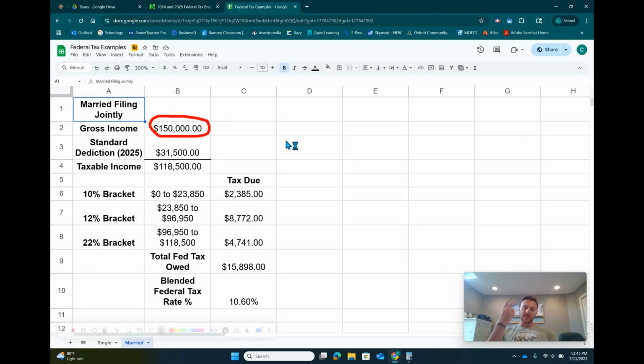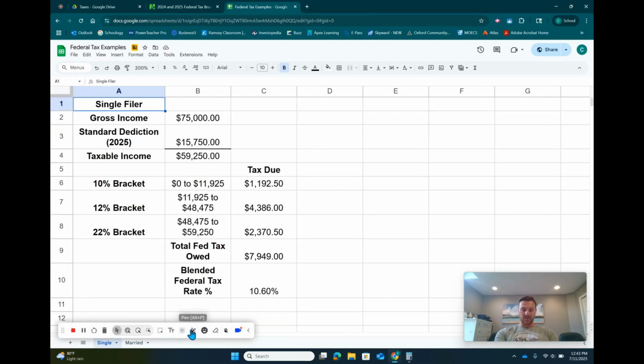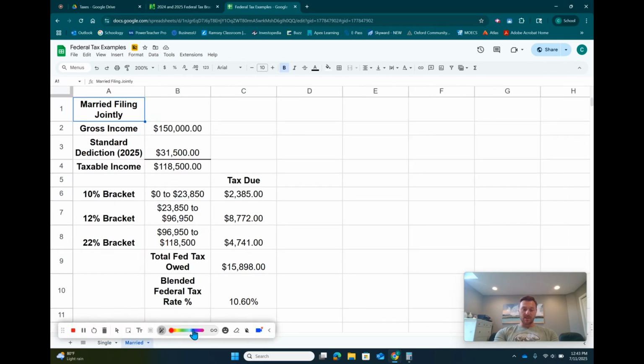They get the standard deduction twice. So back here on the single one, it was $15,750, the standard deduction with Trump's new tax bill. Now, if you're married, you get to double that, 31,500. So even though this couple made 150, on paper to the IRS, they only make 118,500.